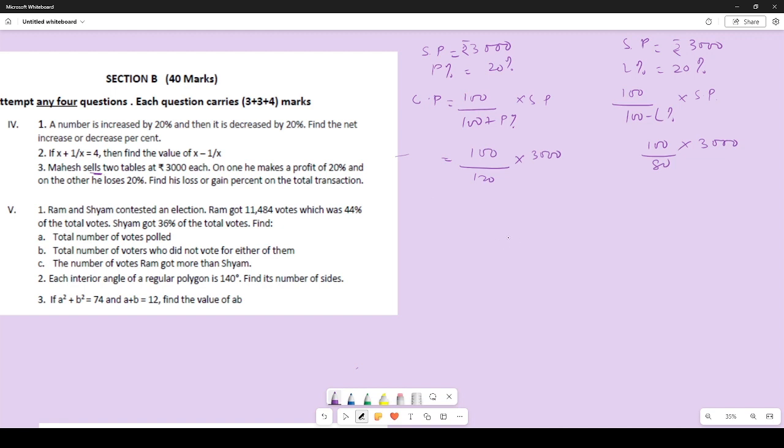Now see, net selling price we know is 6000. So if you're looking at the cost price, then for one the cost price is rupees 2500, and over here this is rupees 3750.